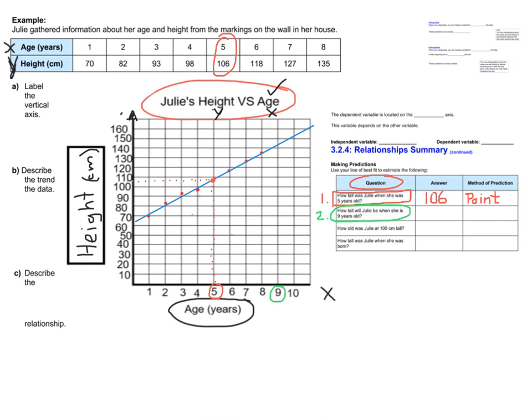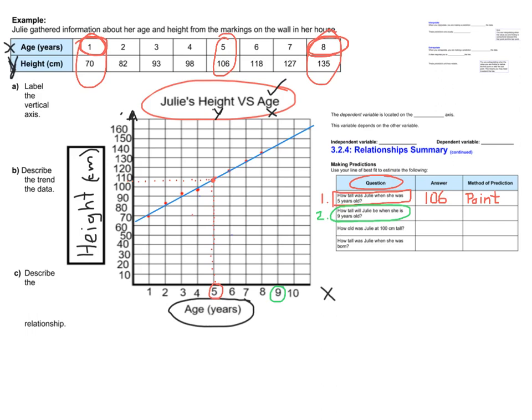Now, understand, I want to talk about a couple things here, because the data that's given to us is given from age 1 all the way to age 8. So they talk about her height from age 1 all the way to age 8.